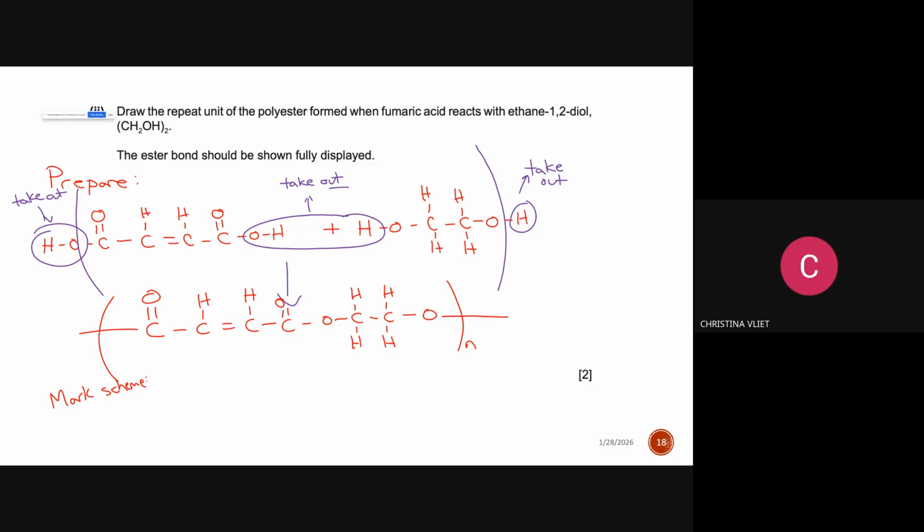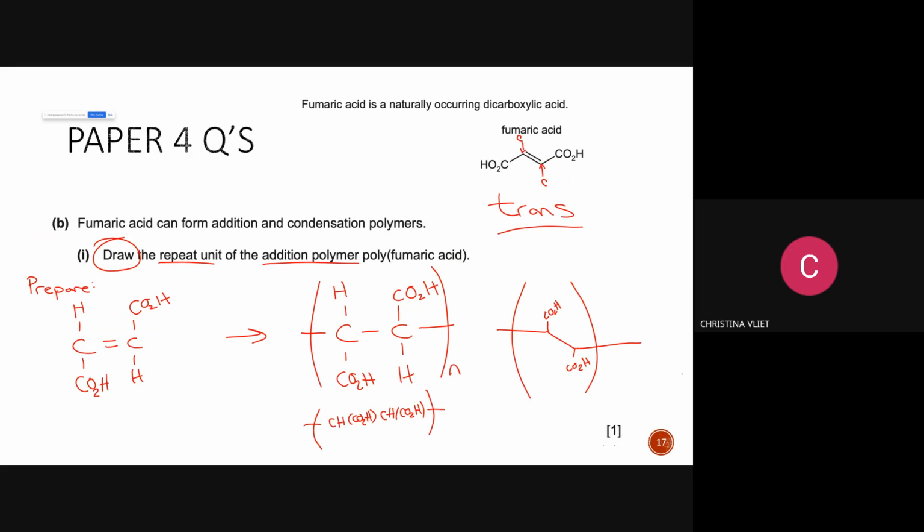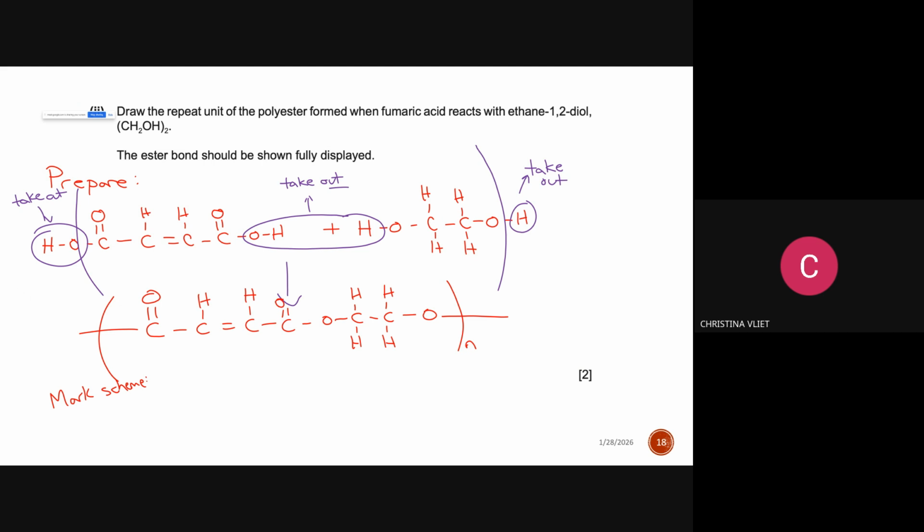So because fumaric acid was presented like this, from the mark scheme, the same answer would be this. Do you see it being the exact same thing?